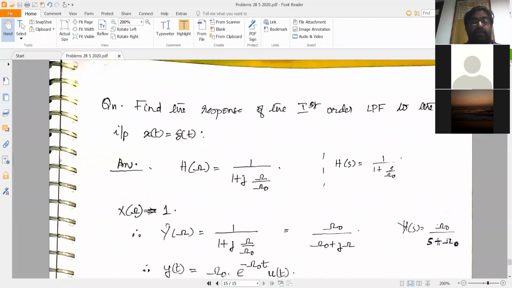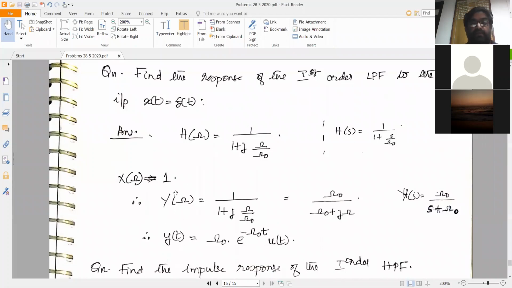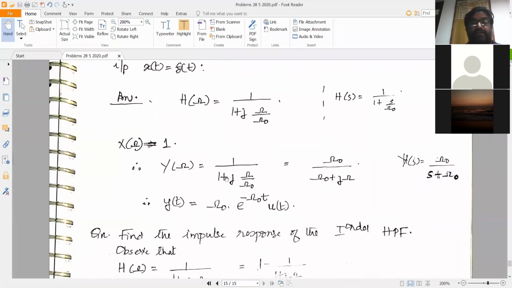Now, x of omega is the Fourier transform of delta t, which is equal to 1. So therefore, y of omega is equal to x of omega into h of omega, which is equal to 1 by 1 plus j omega by omega 0, which you can write as omega 0 by omega 0 plus j omega. The corresponding y of s is just omega 0 by s plus omega 0.